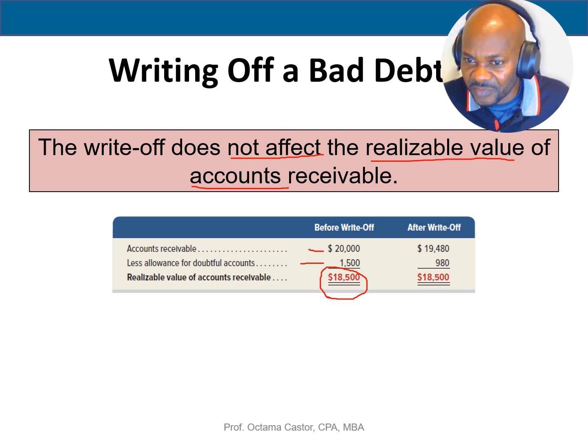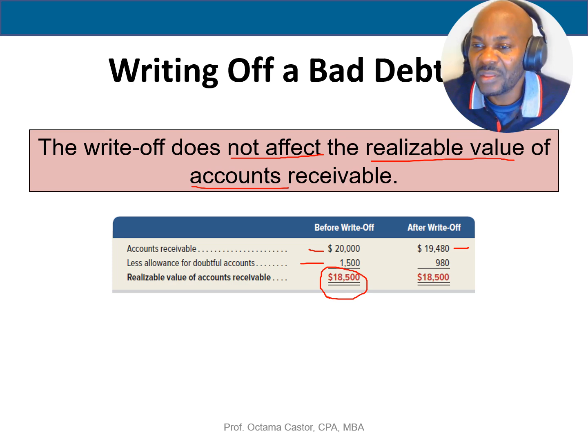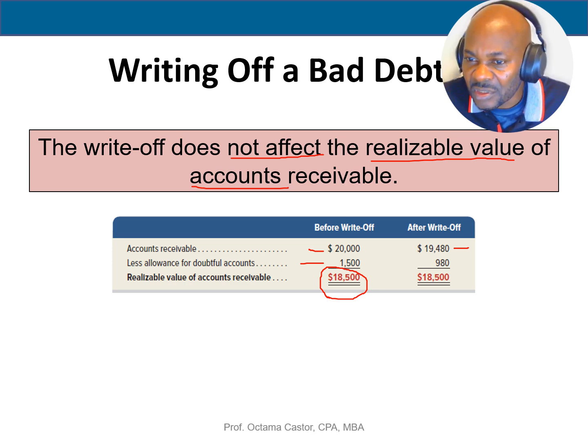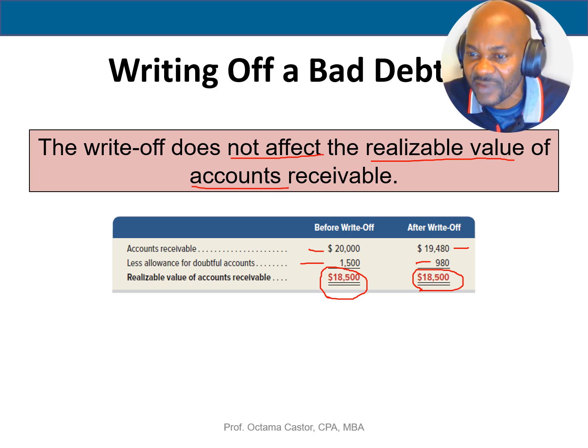After the write-off, the accounts receivable balance becomes $19,480, but the allowance dropped down to $980. So when you do the math on both ends, before and after the write-off entry, the realizable amount for the accounts receivable still remains $18,500.